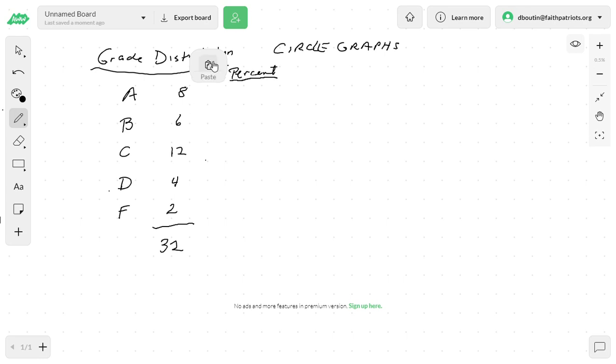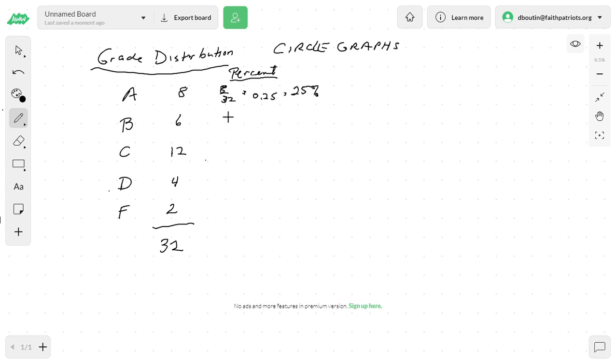The way we do that is if there were 8 students that got A's and there's 32 people in the class, then 8 out of 32 would be the fraction that is equivalent to the percent of students that got an A. So if I just do 8 divided by 32, I get 0.25, which we recognize as 25%.